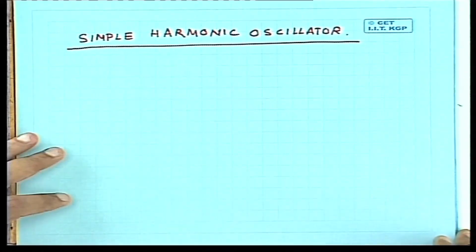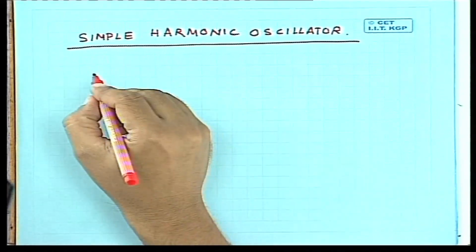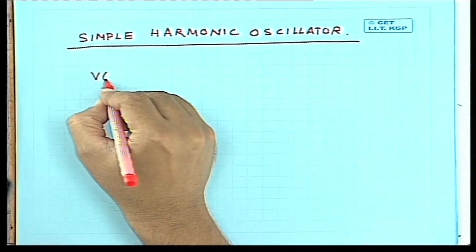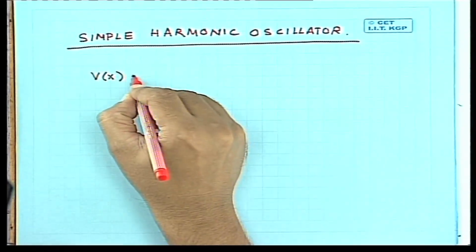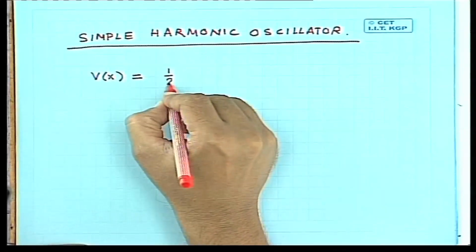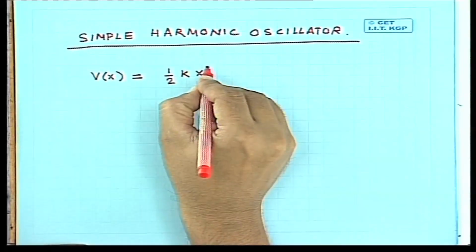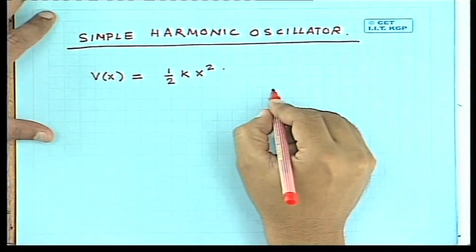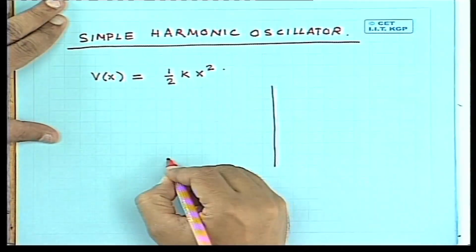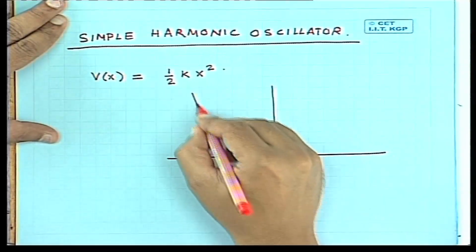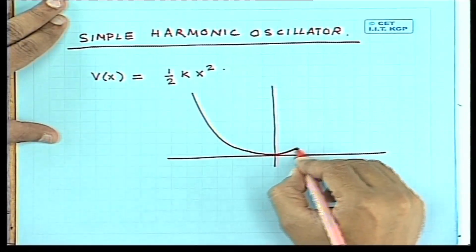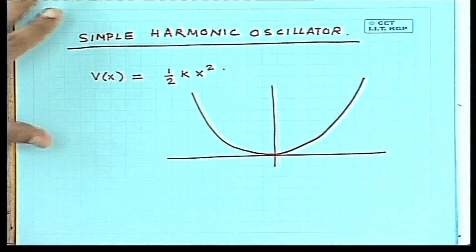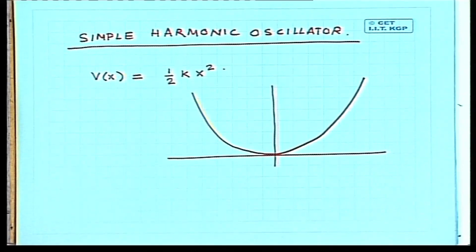So the simple harmonic oscillator has a potential energy V which depends on x, and this is equal to half k x squared. So I can draw the potential energy here. It is symmetric around x equal to 0 and it is a parabola. So this is how the potential looks like for a simple harmonic oscillator.